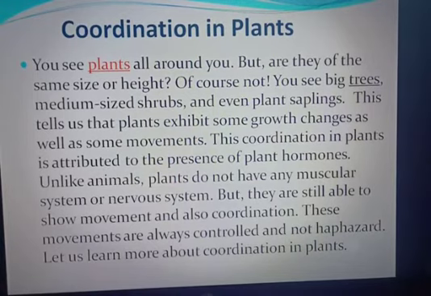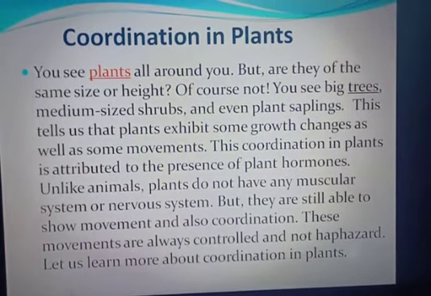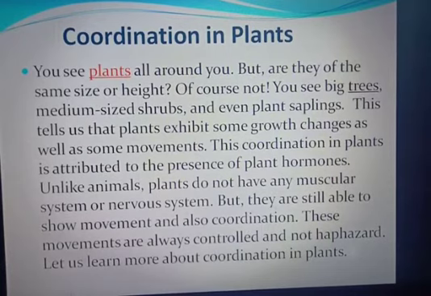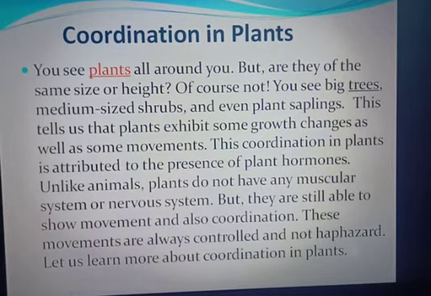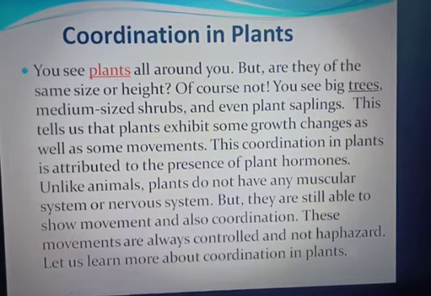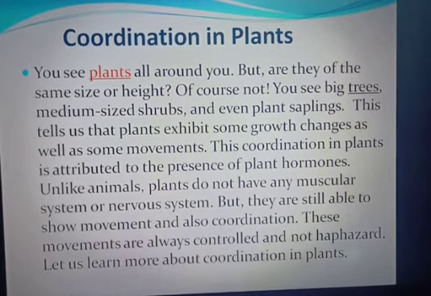So this tells us that plants exhibit some growth changes as well as some movements. This coordination in plants is attributed to the presence of plant hormones. Hormones help control the movements properly, right? Unlike animals, plants do not have any muscular system or nervous system, but they are still able to show movement and also coordination.